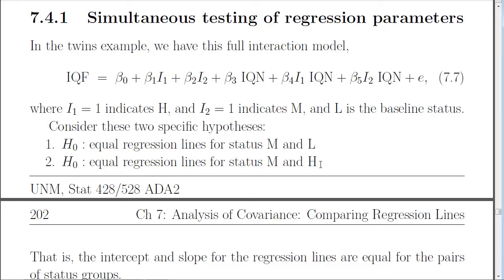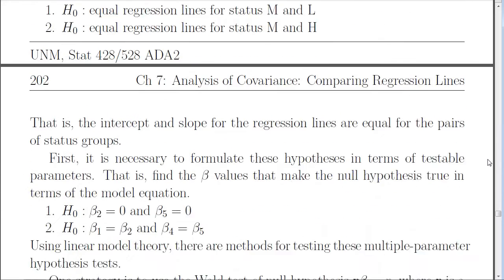And then I guess we've already talked about this one, medium and high groups. Medium and high need to have the same intercept, so beta 1 and beta 2 have to equal each other, and same slopes. Beta 4 and beta 5 have to equal each other.